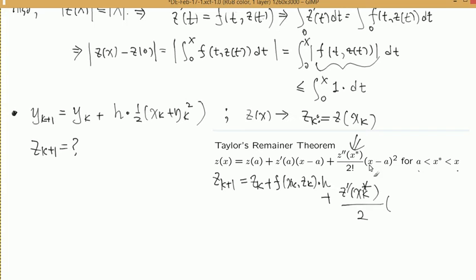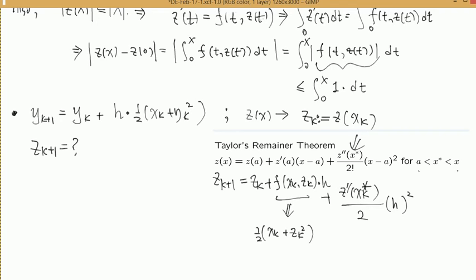This is x minus x_k, with x being x_{k+1}, that becomes h squared in there. So you can compare the z_{k+1} with the z_k, and that is analogous to that one. So this is the explicit part, which is 1/2 times (x_k plus z_k) squared. That came from the definition of f(x,y) in there. Then this is a problem, z_k double prime.